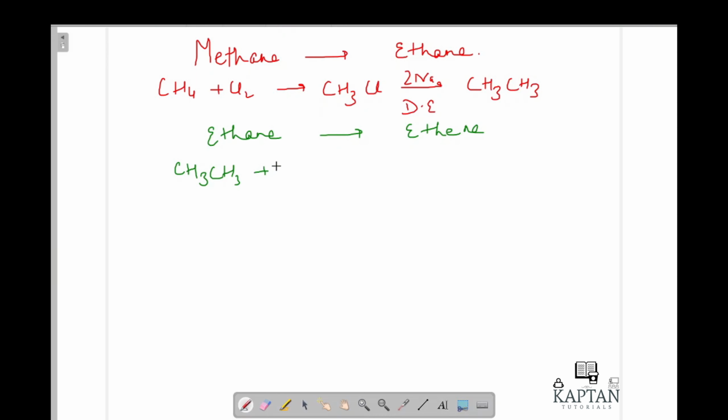Then you add Cl2 in the presence of sunlight, and you get the substitution product CH3CH2Cl. Now what are we going to add here? Here we add alcoholic KOH, which will give you the product CH2 double bond CH2.